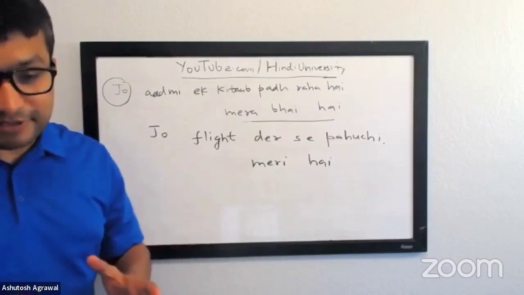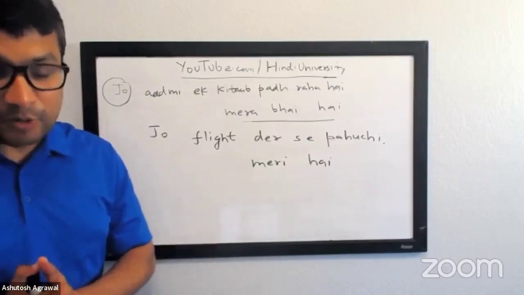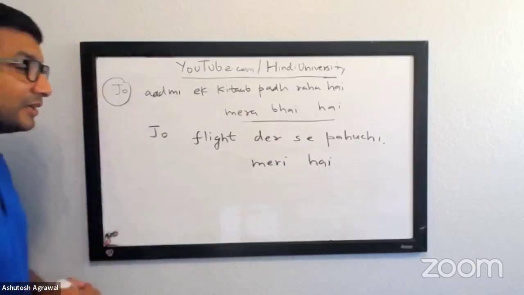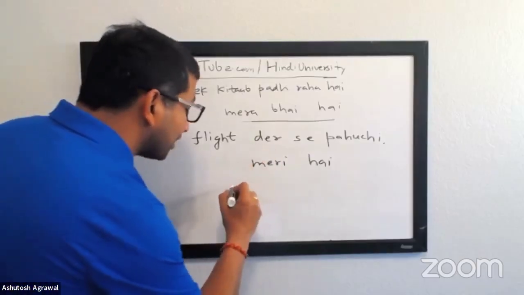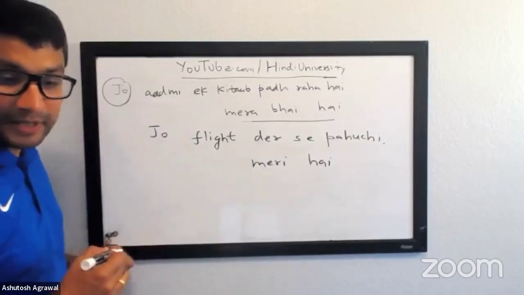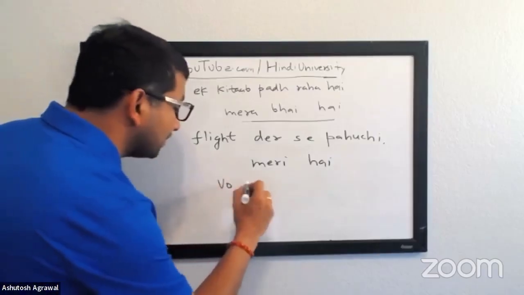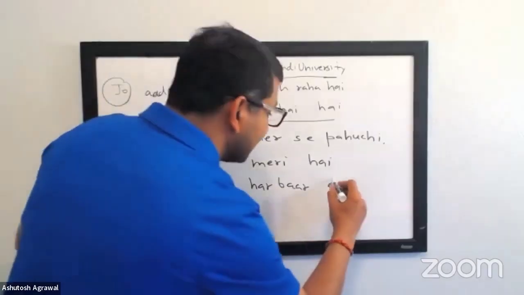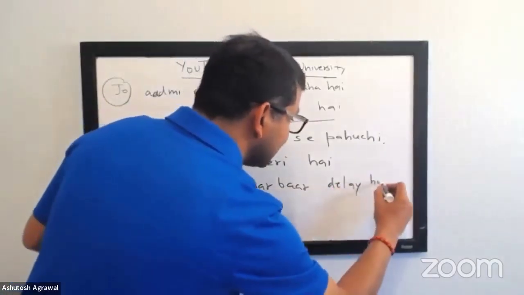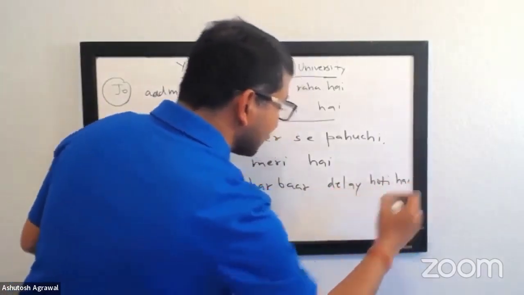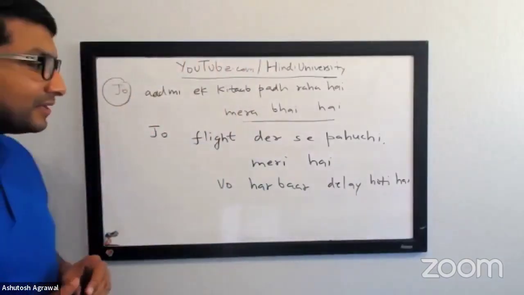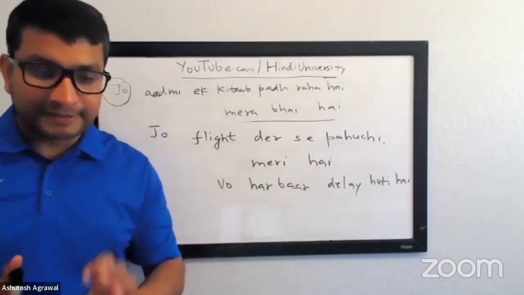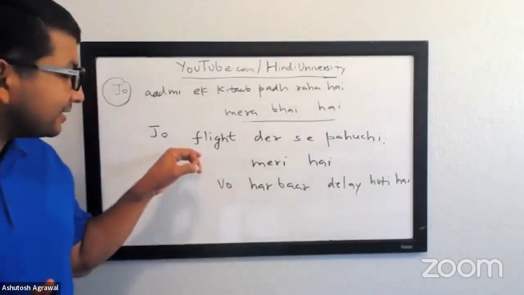You can make two separate sentences and then you can say जो फ्लाइट देर से पहुंची वो you can say मेरी है वो हर बार लेट होती है. ओके, वो हर बार और every time हर बार डिले होती है. ओके, in a nutshell, if you know to make these two sentences separately, you are just adding them using जो.